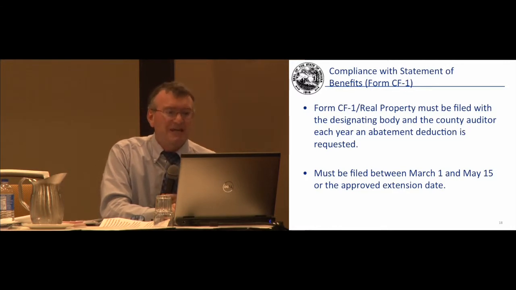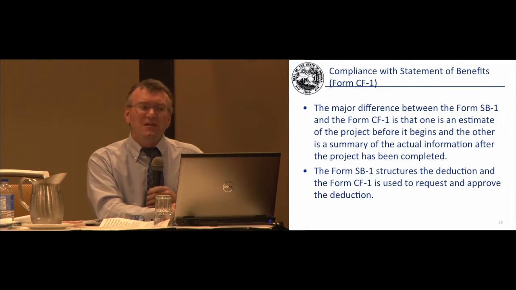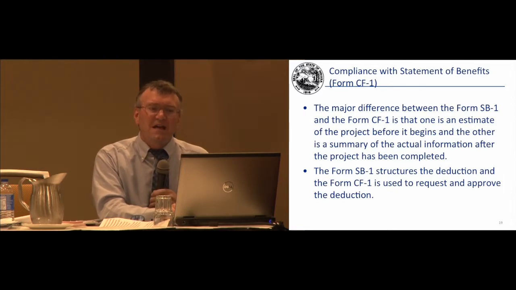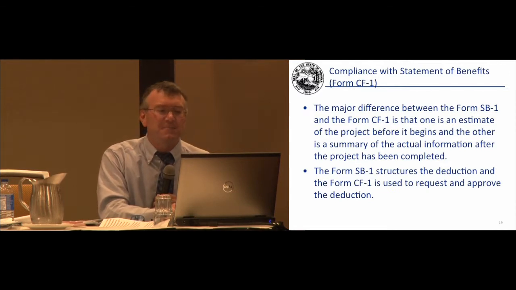an approved extension date. The major difference between the SB1 and the CF1 is that the SB1 is an estimate of the project before it begins, while the CF1 is an actual report of what happened after the building was completed. And that's an important concept to understand.